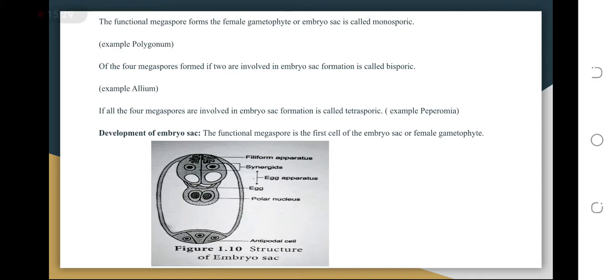Development of embryo sac. The functional megaspore is the first cell of the embryo sac or female gametophyte. The picture shows the structure of embryo sac, how it appears.